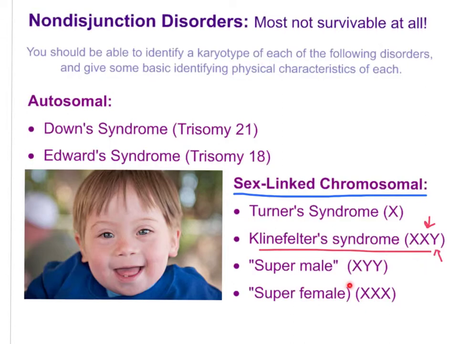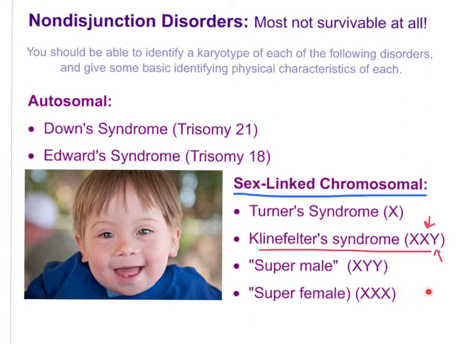The super female, I realize there's a typo there, triple X syndrome, is where the female gets that extra X chromosome. So she also has 47 instead of the 46 chromosomes. Again, you wouldn't know unless you had a blood test and you were able to pinpoint that.